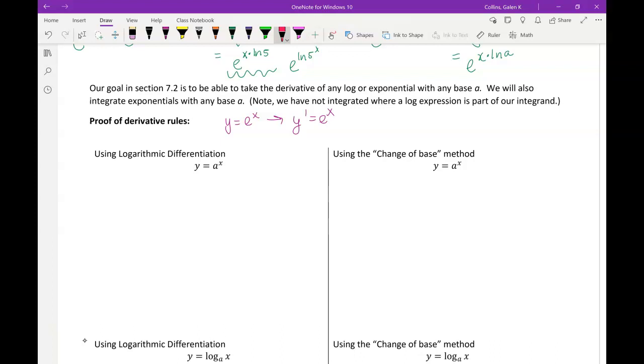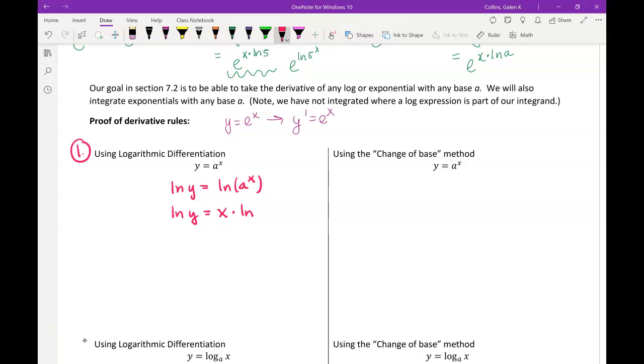In the left-hand column, let's do this with logarithmic differentiation. We said our first step, if I'm using logarithmic differentiation, is to take the natural log of both sides of our equation. And then my second step is to apply log properties to simplify.